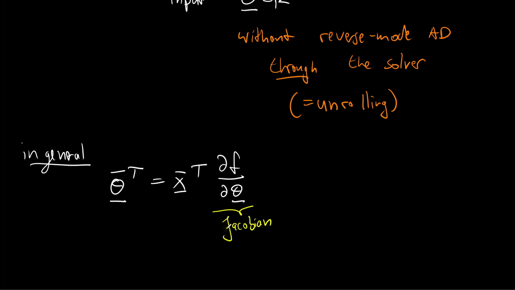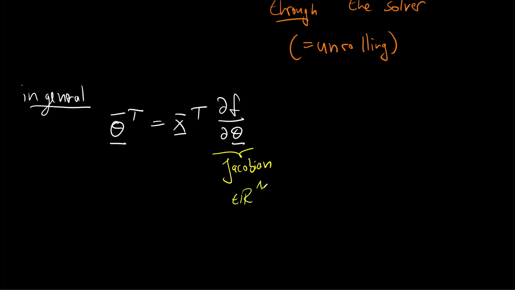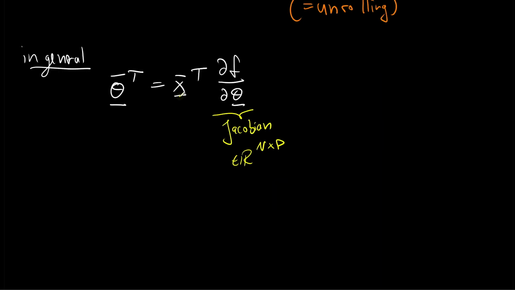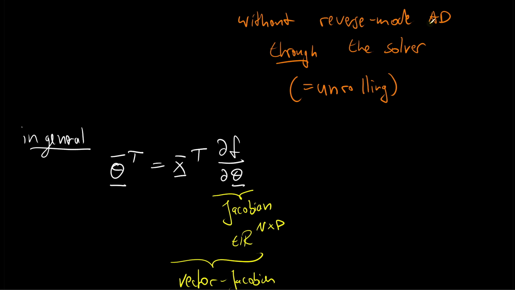In our particular layout here, this will be an n by p-dimensional matrix, and if we take an n-dimensional vector and left multiply it with the Jacobian, we will get a p-dimensional vector. Of course, this will then be a row vector, so we do another transpose to go back to a column vector. And since we are left multiplying a vector with a Jacobian, we also call this the vector-Jacobian product. If we were to do the unrolling with reverse mode automatic differentiation, this is the quantity that our AD engine computes for us.